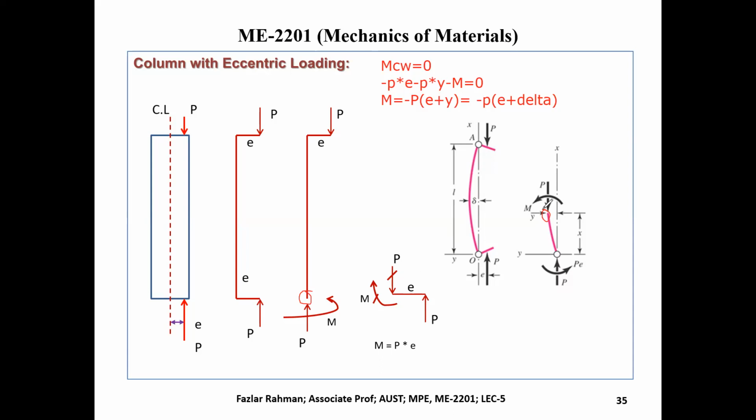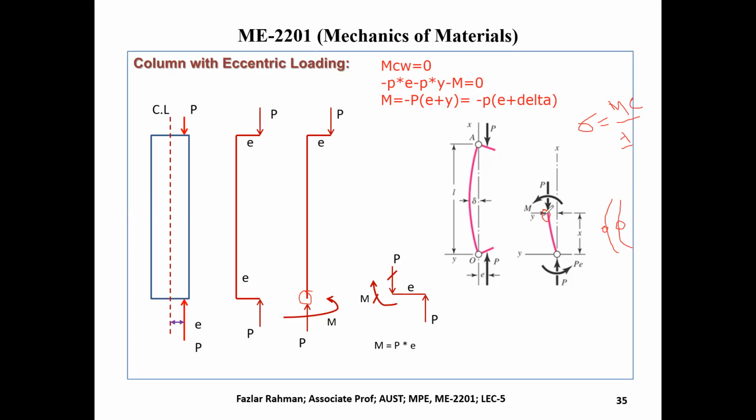Due to the bending moment, you study the beam, so your stress will be MC over I. And where this beam bends, it bends like that, right? So this side will be compression, this side will be tension due to the bending.